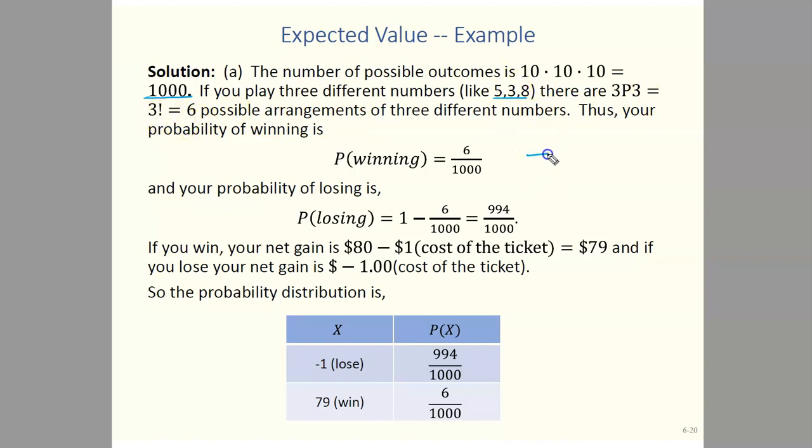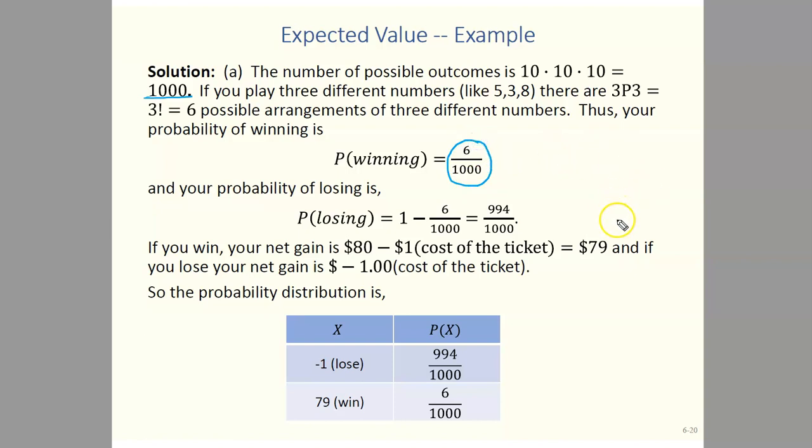If you think of it as having 3 slots to fill with these numbers, I have 3 ways to fill the first slot, then 2 ways to fill the second, then 1 for the third. When you multiply these together, by the fundamental rule of counting, there are 6 possible arrangements of the numbers 538. So your probability of winning is going to be 6 out of 1,000.